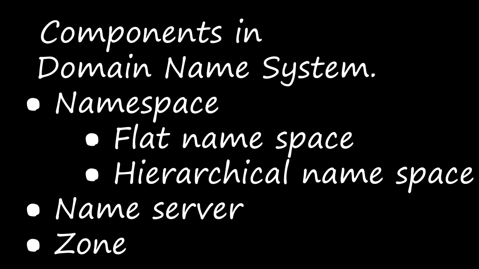And the next part may have the section within that department. Likewise, if the hierarchical namespace is used, the disadvantage in the flat name system is rectified, right? In this way, the power to control the namespace can be decentralized. Okay. Next one is domain namespace.